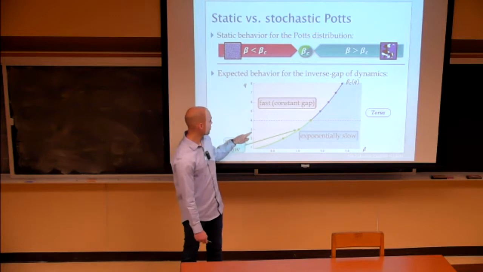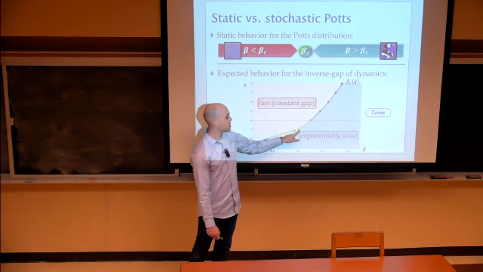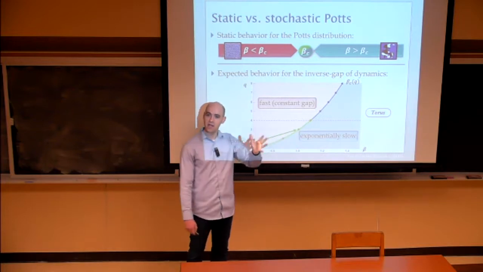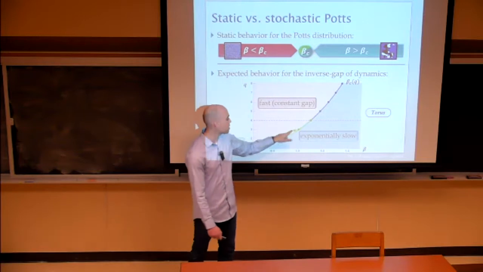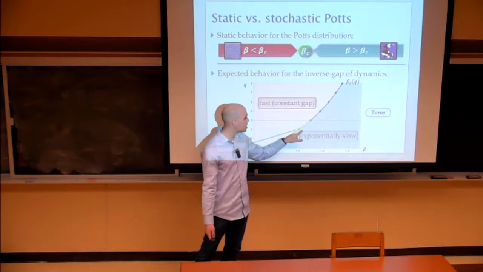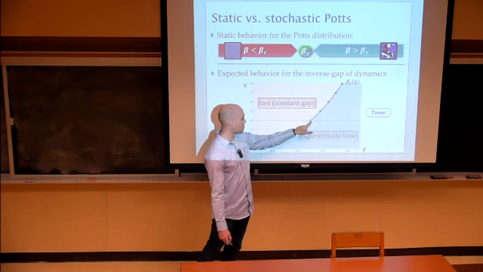So let's look at, for instance, 3. It should be fast up until the critical point, then a critical power law that is universal, and physicists have simulations for those two, for various lattices, showing agreement. And then for beta greater than beta critical, it should be exponentially slow. So this is for 2, 3, and 4.